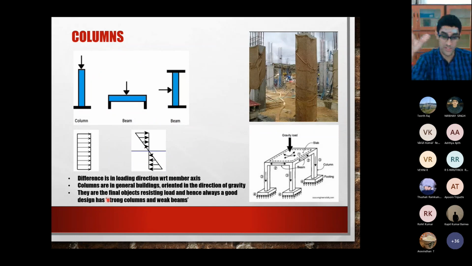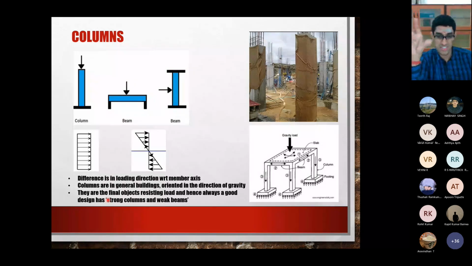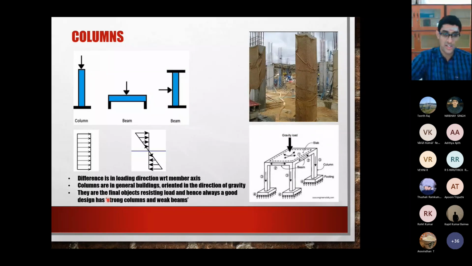They will be inclined or horizontal, but some of them take only compression. In that case, it is not oriented in the direction of gravity, so it's not called a column. These elements, which are inclined or horizontal but still take axial compression, we call struts.